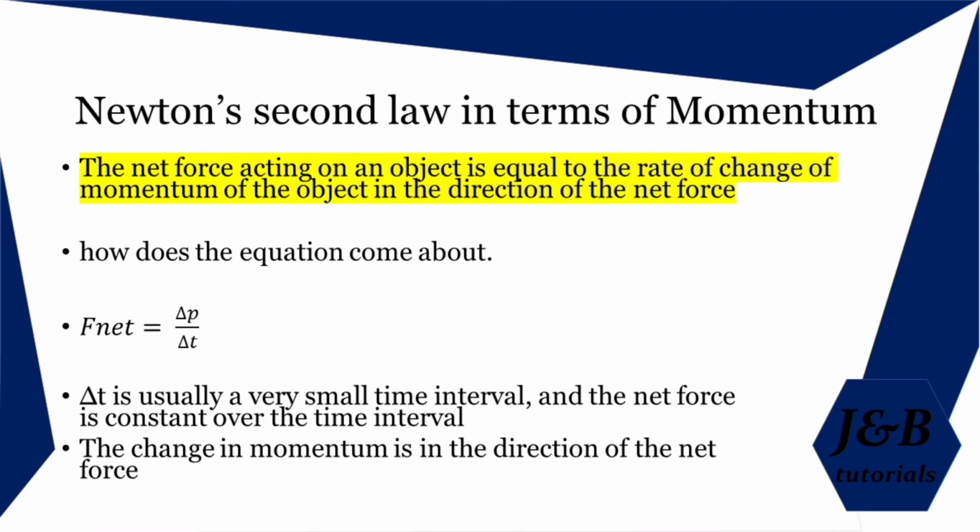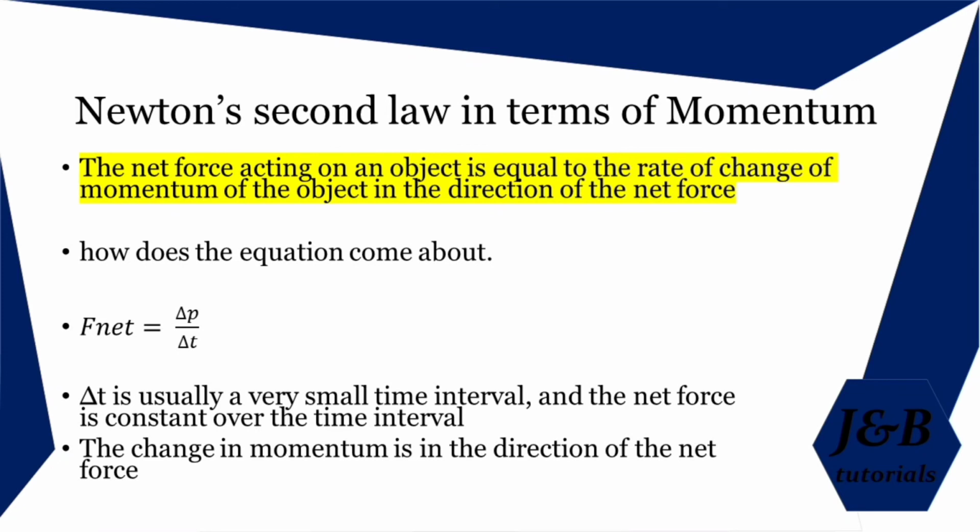So this is how we're going to define it. The net force acting on an object is equal to the rate of change of momentum of the object in the direction of the net force. Let me read it again. The net force acting on an object is equal to the rate of change of momentum of the object in the direction of the net force.